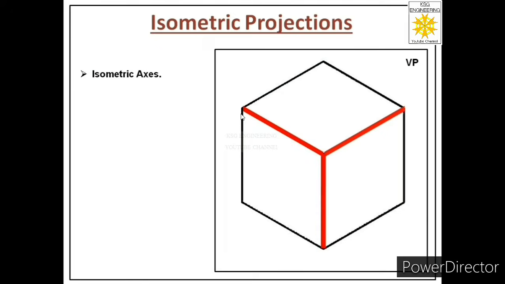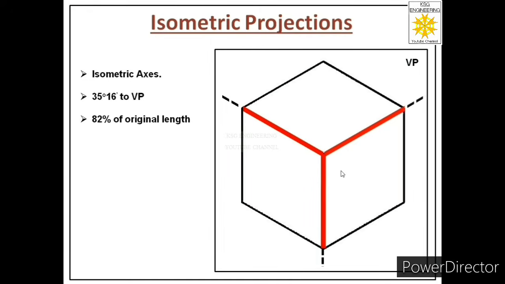And in this case, the front three edges of the cube are termed as isometric axes. And these axes are equally inclined to the plane of projection. In this case, the plane of projection is VP, and these three axes are inclined to VP at an angle of 35 degree 16 minutes.